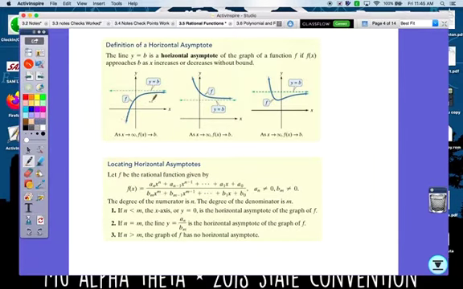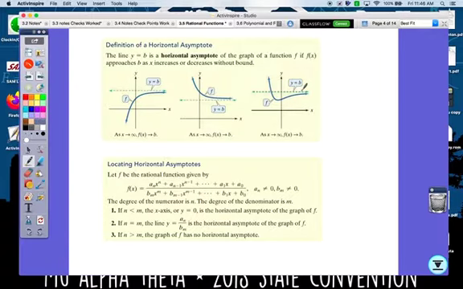It could be coming from the bottom, it could be coming from the top, doesn't matter. Now, the difference between horizontal and vertical asymptotes, besides one's horizontal and one's vertical, is that with a horizontal asymptote, you can actually cross it somewhere in the middle, and towards the end, you're still having that same limiting behavior.